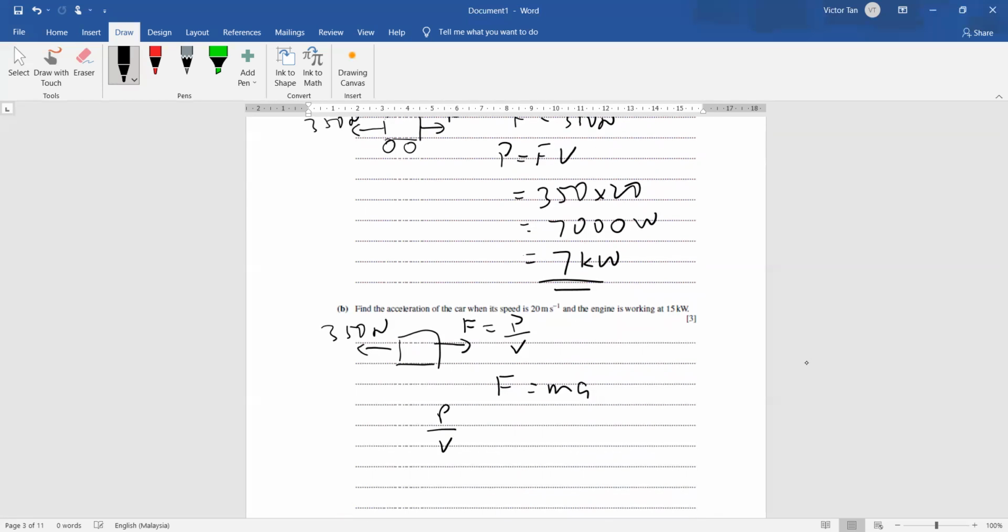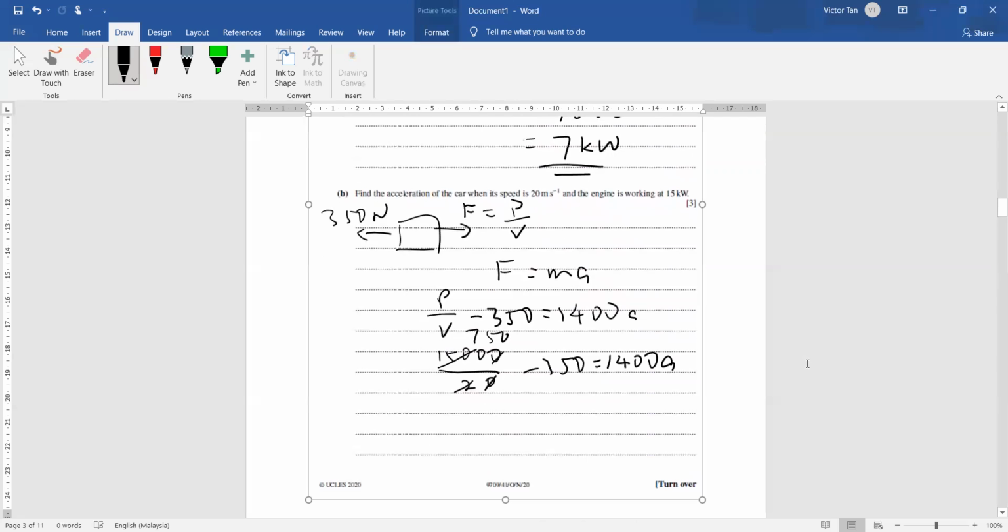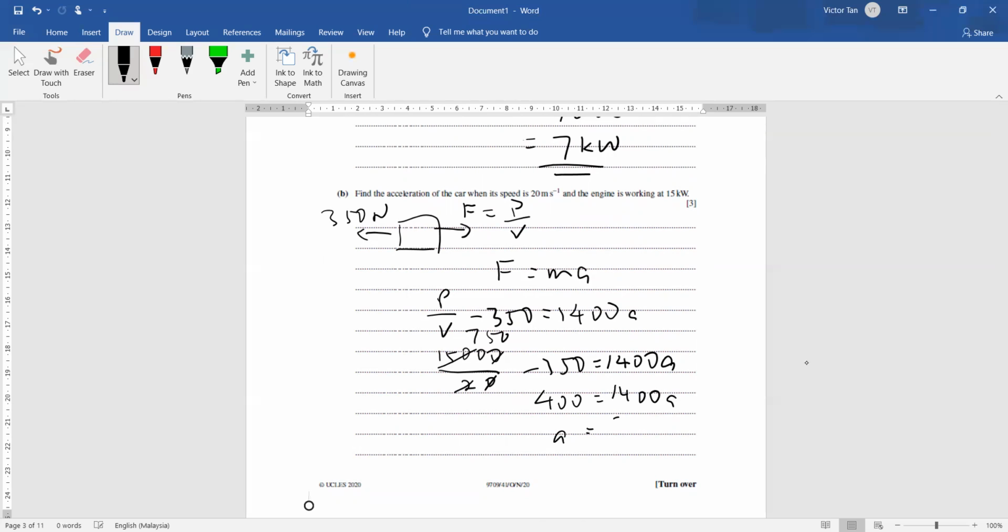Resultant force is P over V minus 350 equals 1,400 A. This is 15,000 over 20, 750. So you have 400 equals 1,400A. It's 2/7 meters per second squared. Okay, that's your solution.